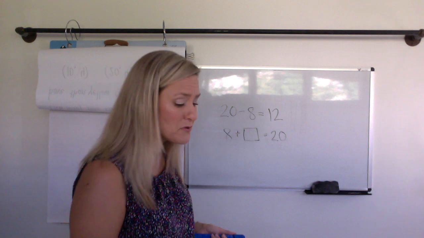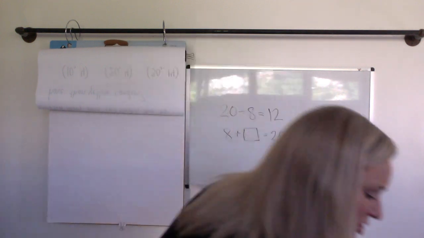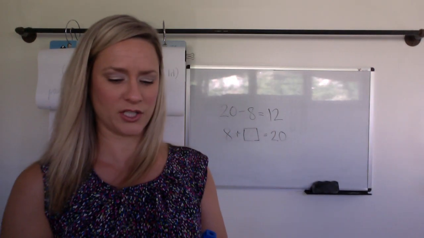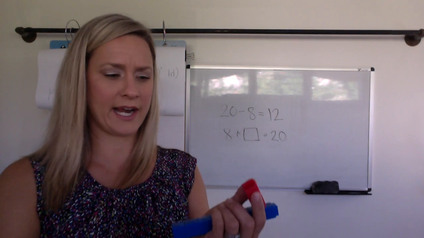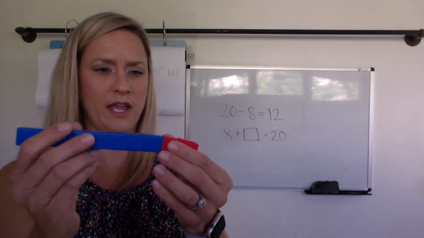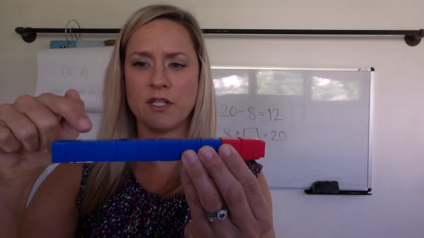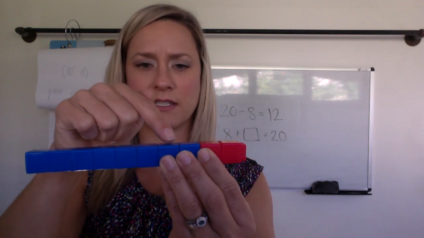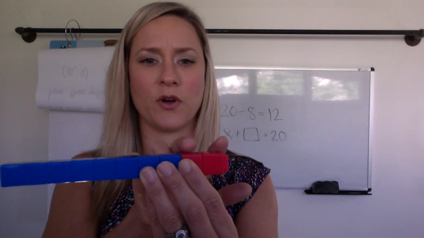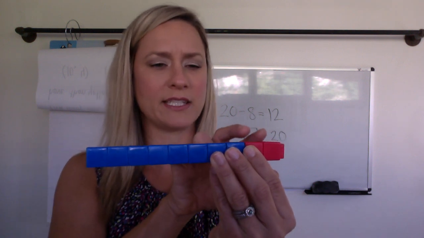So maybe you thought, well, I think I'm going to get a different color so we can see. I could just add 2 on to the 8 to get to 10. Let's check. 1, 2, 3, 4, 5, 6, 7, 8, 9, 10. Okay, so those 2 made the 10.